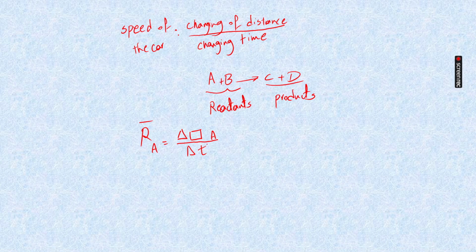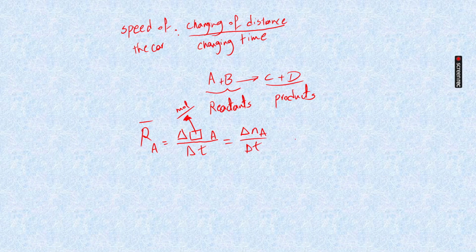For A, it can be the changing of something of A over the time. The best thing that can change over time is the mole, and chemists like mole. So the changing of mole for A over the changing of time.